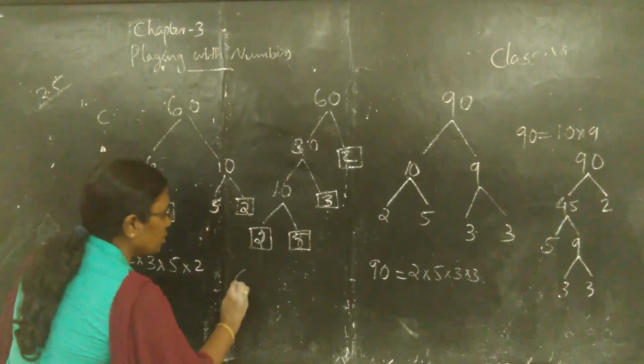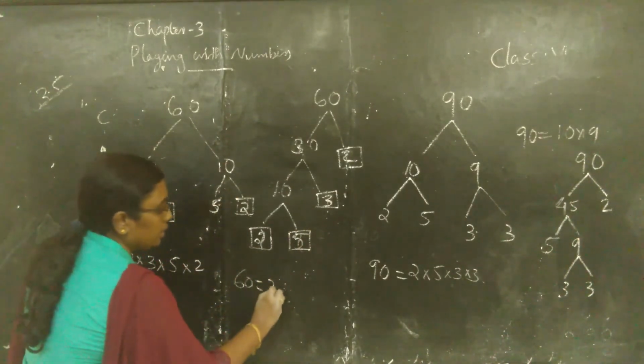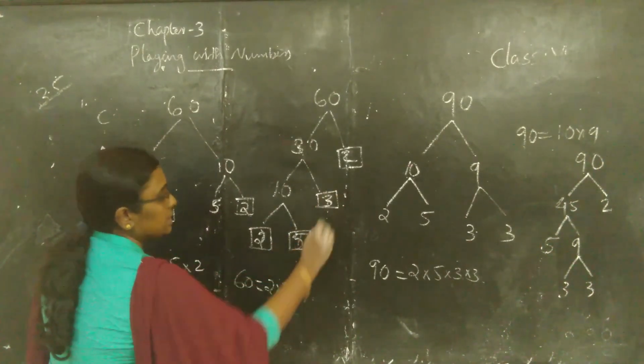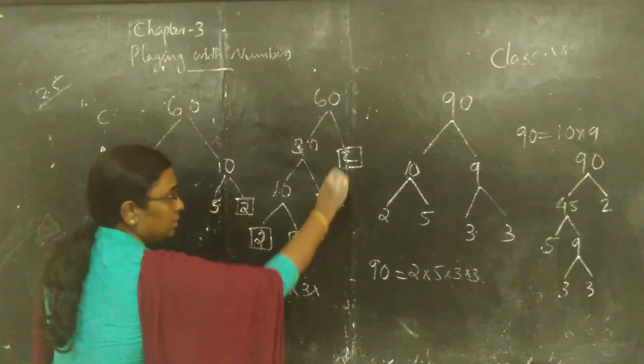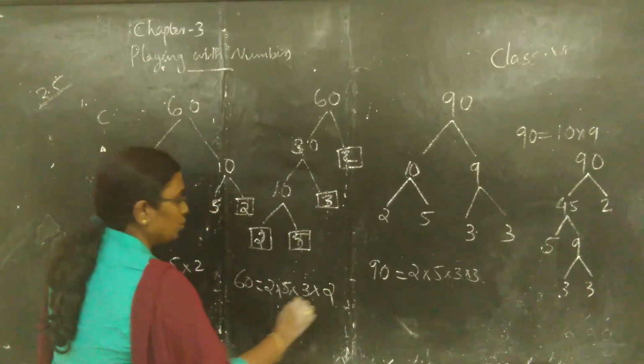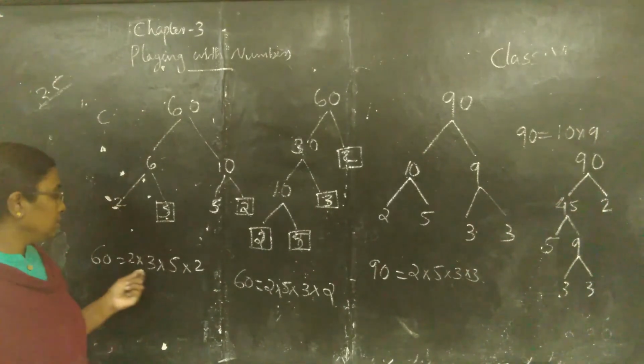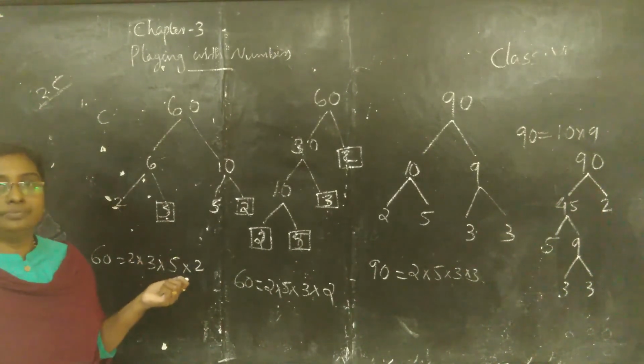So 60 equals 2 into 5 into 3 into 2. This is the prime factorization of 60. Both of these are unique.